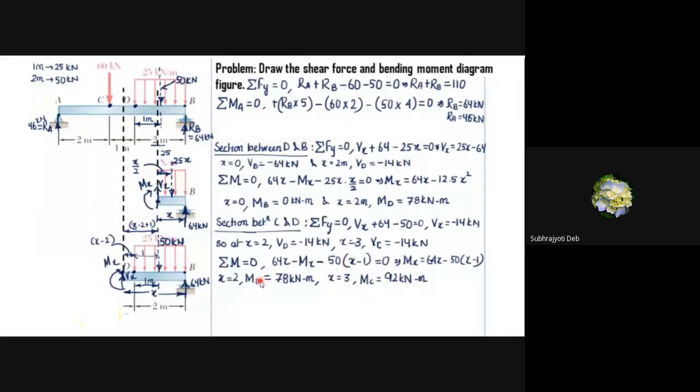Now for calculation of moment. So 64x, that is 64 into x minus Mx, this one Mx, minus 50 into x minus 1, that is C, x minus 1, this distance, is equal to 0.